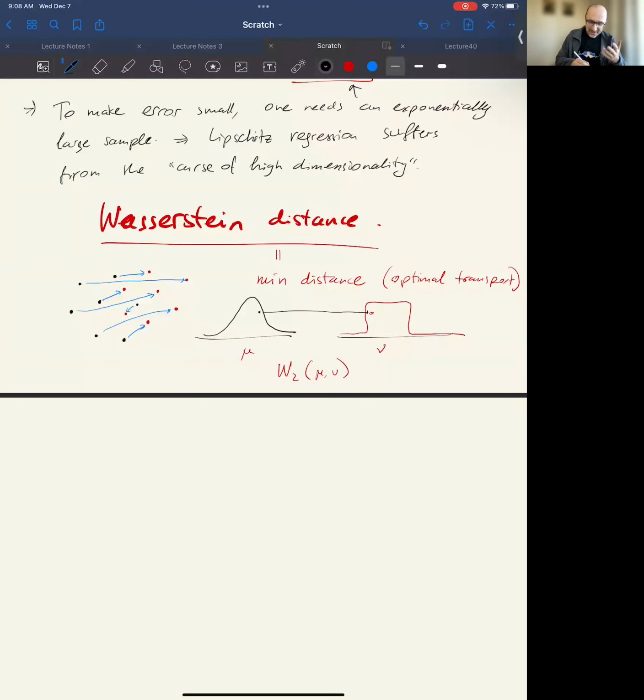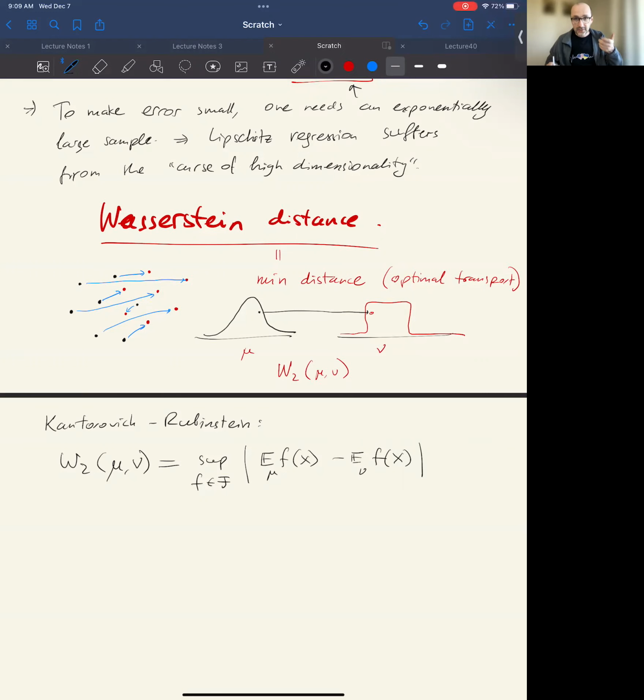Okay, why did I bring it up? The Kantorovich-Rubinstein theorem expresses this transportation distance as what we've seen: the supremum over all Lipschitz functions of the expected value of f of x minus the expected value of f of y, where the expectation is with respect to these measures.